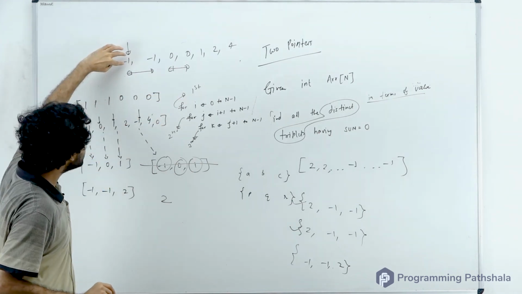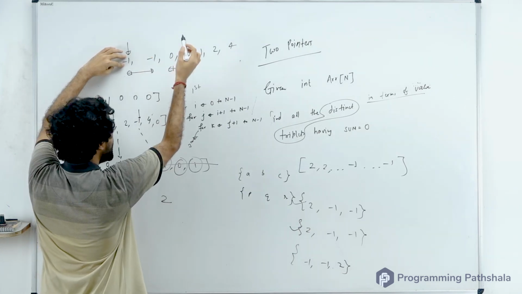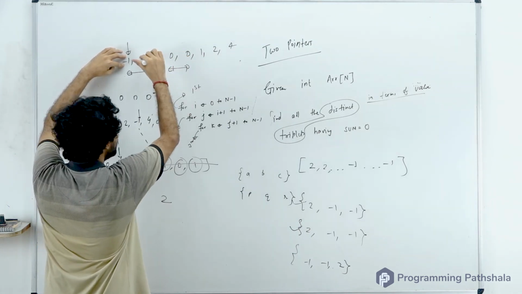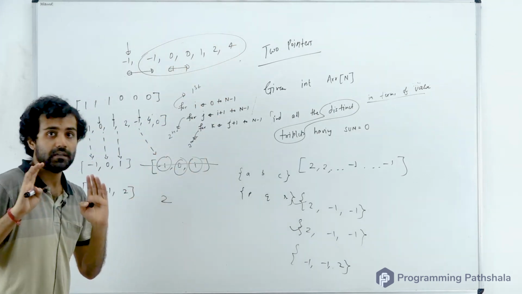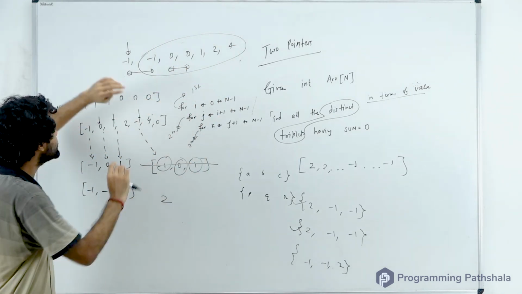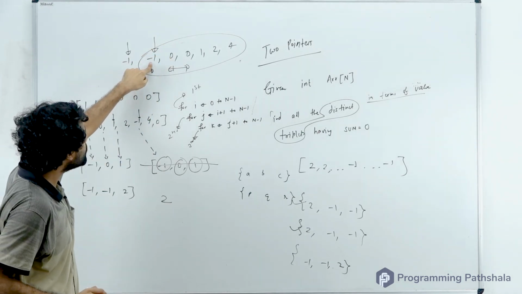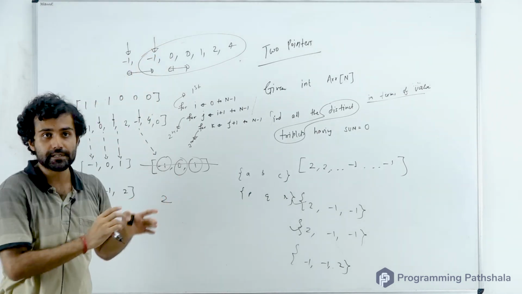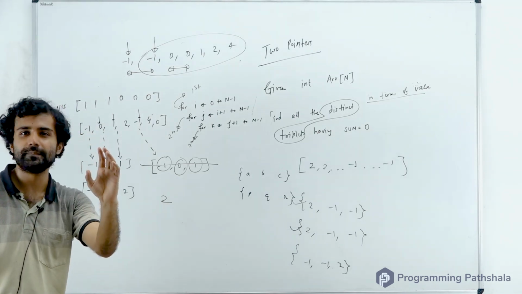So let's say this is your first element, okay, then you would have got some second and third element from this area. Now my question is, in the outer for loop, when your i moves from 0 to 1, okay, would you again want to consider this -1 as your first element? You should not want to do that, and there is a common sense behind that.